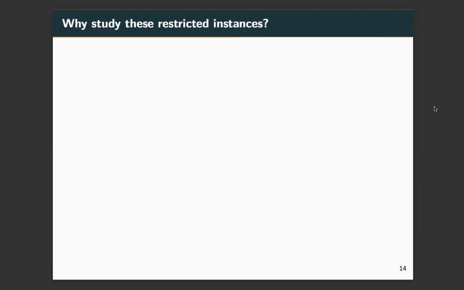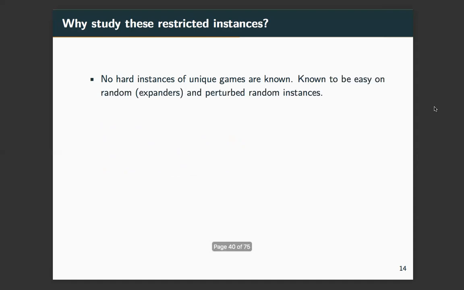So why at all study these restricted instances? As is the case with 3SAT, contrary to it, no hard instances of unique games are known. UG is known to be easy on random graphs and on random instances, which correspond to expander graphs, and on perturbed random instances.